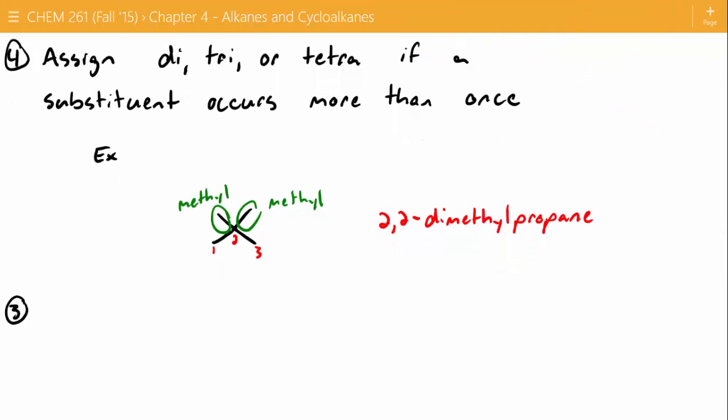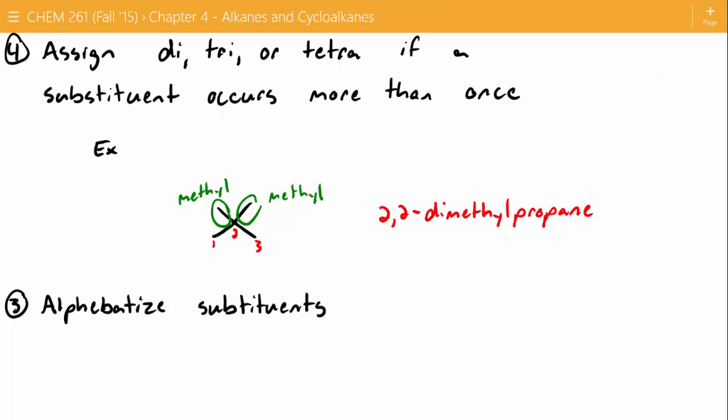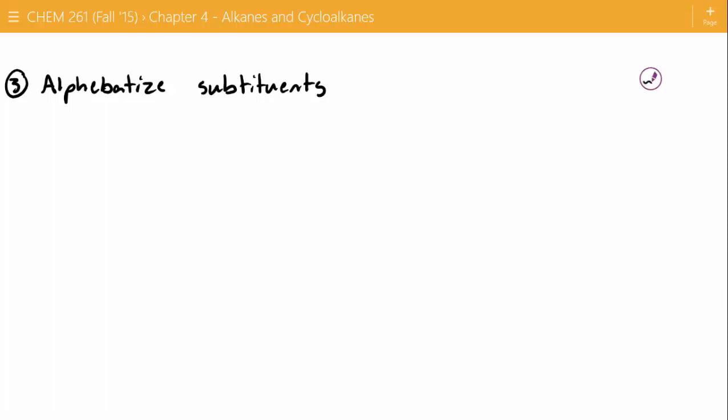The last rule is alphabetize your substituents. There is a handful of exceptions to this.